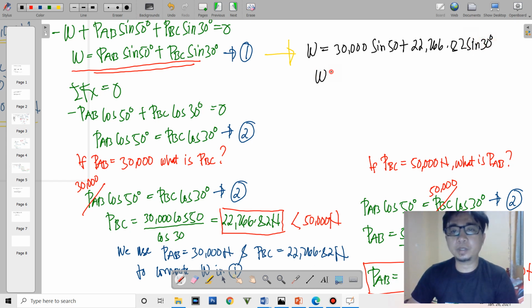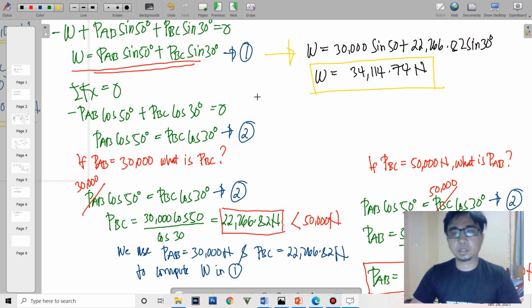So therefore W is 34,114.74 Newton. Okay, so this is the correct answer for W.